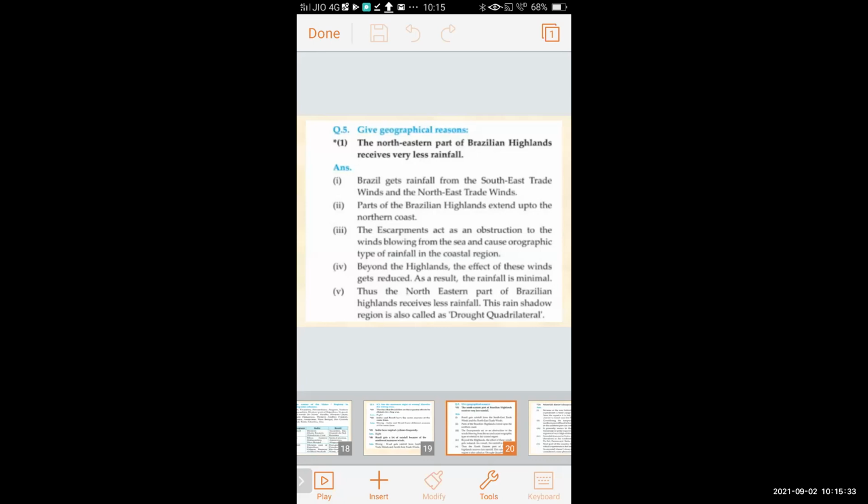The escarpment acts as an obstruction to the wind blowing from the sea and causes orographic type of rainfall in the coastal region. Beyond the highland, the effect of this wind gets reduced. As a result, the rainfall is minimum. Thus, the northeastern part of the Brazilian highland receives less rainfall. This rain shadow region is also called the drought corridor.